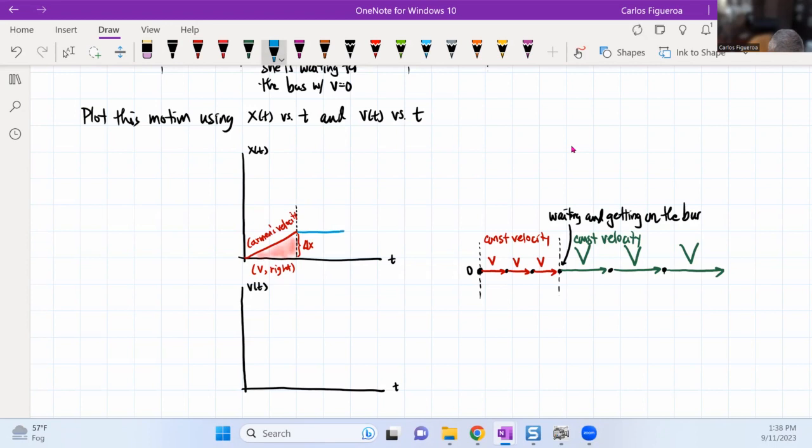She waits for a period of time. Look what happens. Note that in this case, this is where she's waiting. Note that delta x is equal to 0, which then immediately tells us that v is equal to 0. So I look at this next interval, and you could see that there's no change in position. That's my waiting right there. And then she catches the bus, and the bus moves faster. So in this case, let's say that the bus now moves like this here.